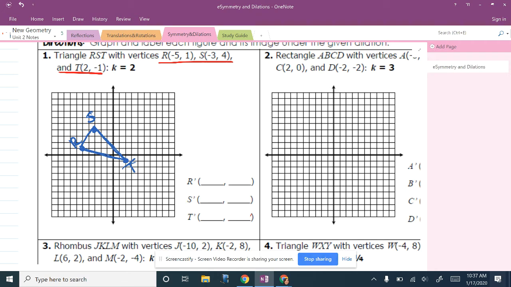So R prime, you double everything and get what? Negative 10, positive 2. And then for S, what do you get? And then for T, you're going to do what? 4, negative 2. And then you graph your new triangle. Negative 10, up 2.